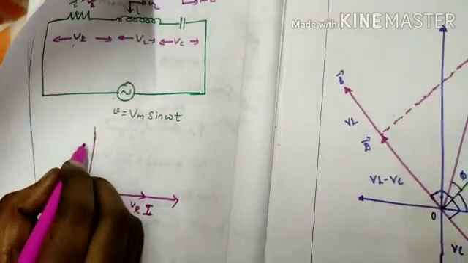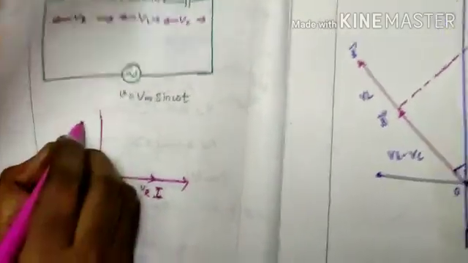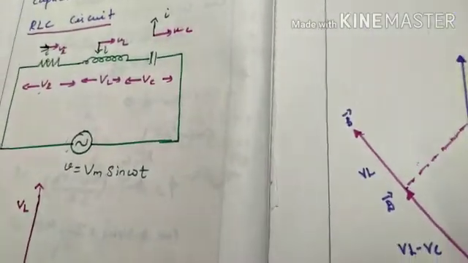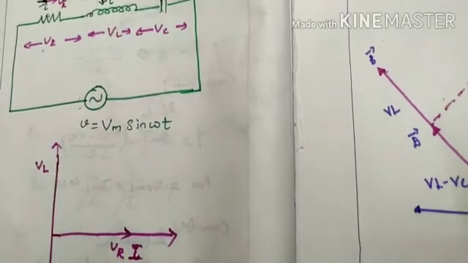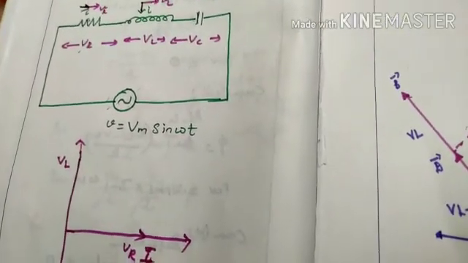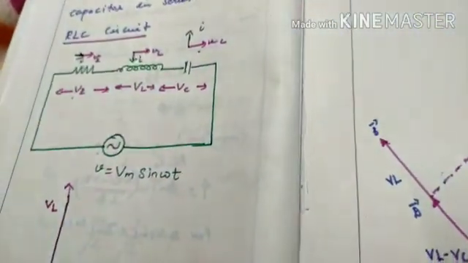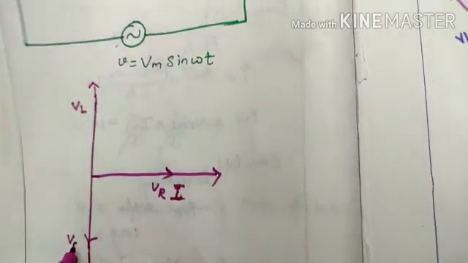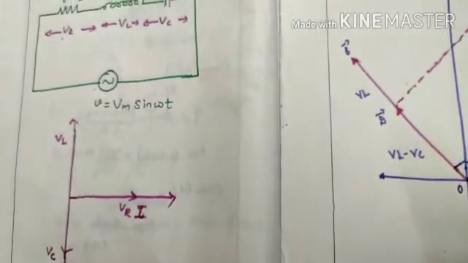VL leads the current by 90 degrees, so it will be on the positive y-axis. And VC lags the current by 90 degrees, so that will be on the negative y-axis.